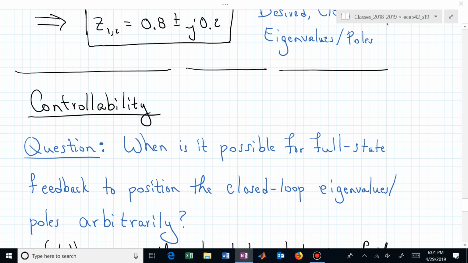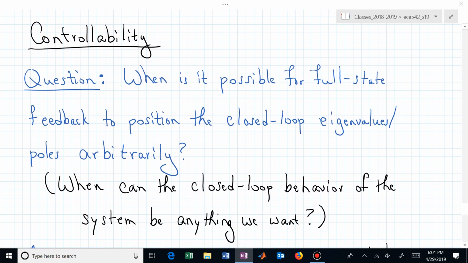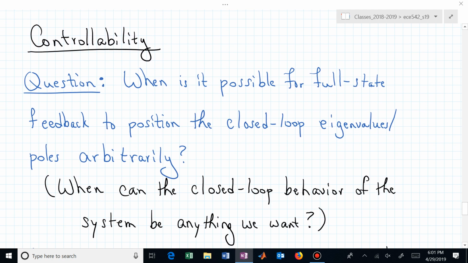Well, if our system is completely controllable, we can locate those closed loop poles wherever we want by the appropriate choice of our full state feedback gain matrix K. That's the answer to this question. When is it possible for the full state feedback to position the closed loop eigenvalues or poles arbitrarily? Or when can the closed loop behavior of the system be anything that we want?